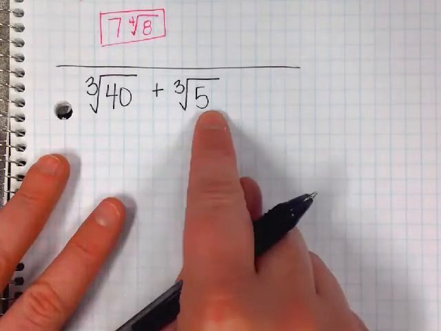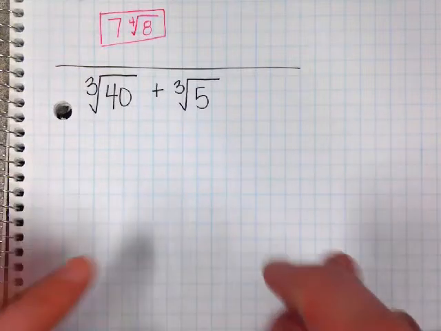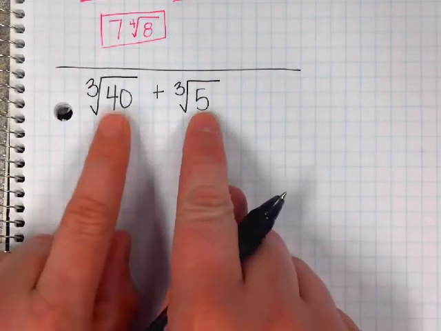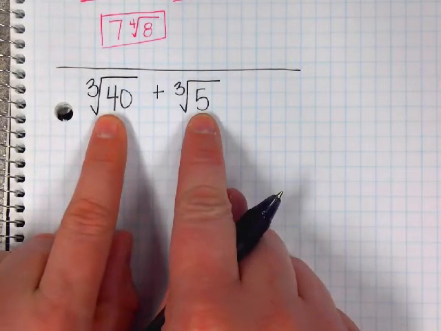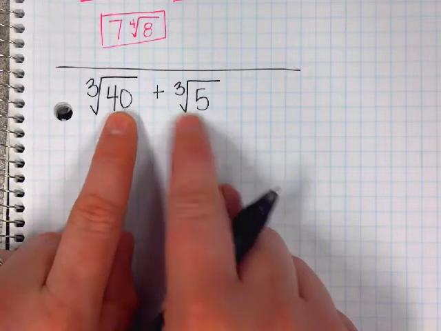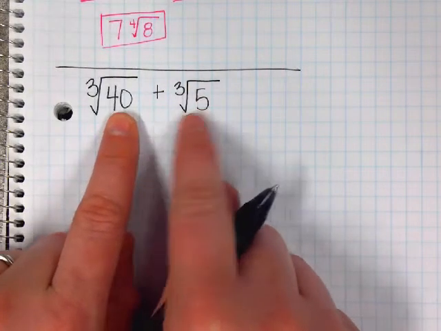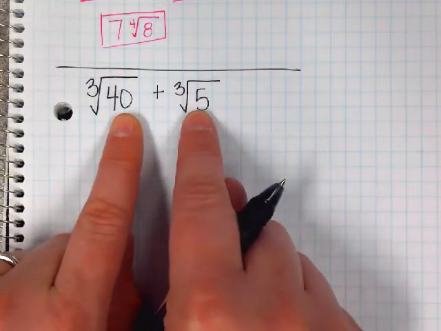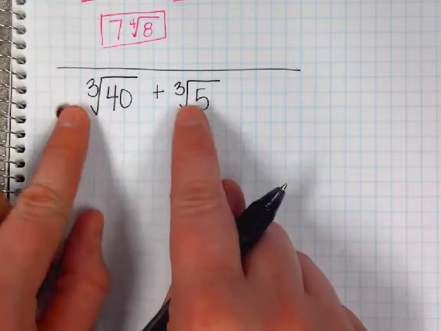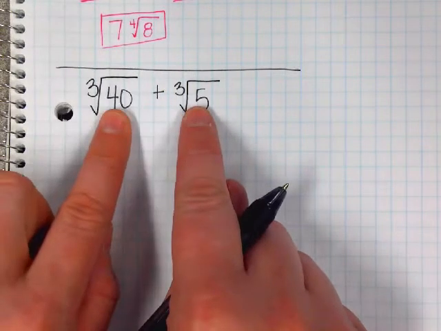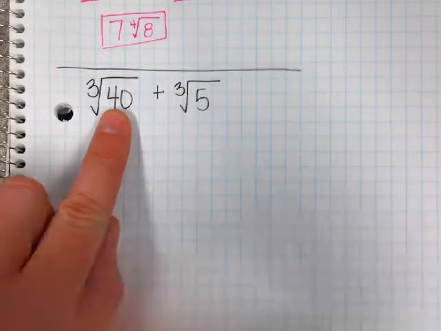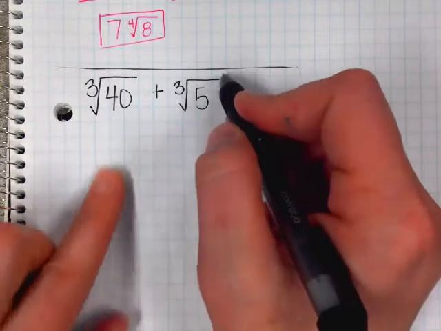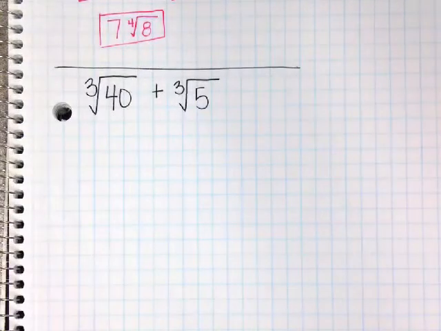Notice these two do not have the same information underneath the cube root. So in order to be able to combine these, I'm going to have to get them to have the same information underneath the cube root.